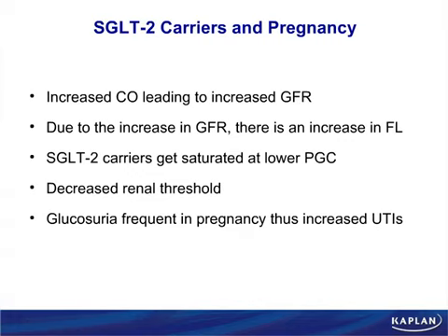So in pregnancy, you very commonly see glucose in the urine, and that's why the obstetrician commonly checks the urine to make sure that there's no UTIs, because you get frequent UTIs due to this effect. So again, the carriers get saturated at a lower plasma glucose concentration, and there's an increase in the excretion of glucose.